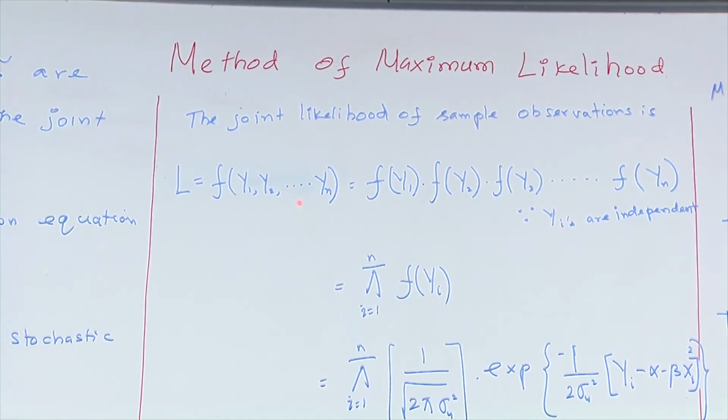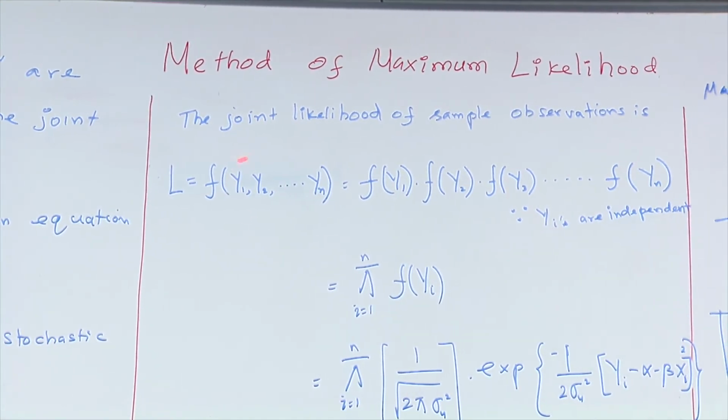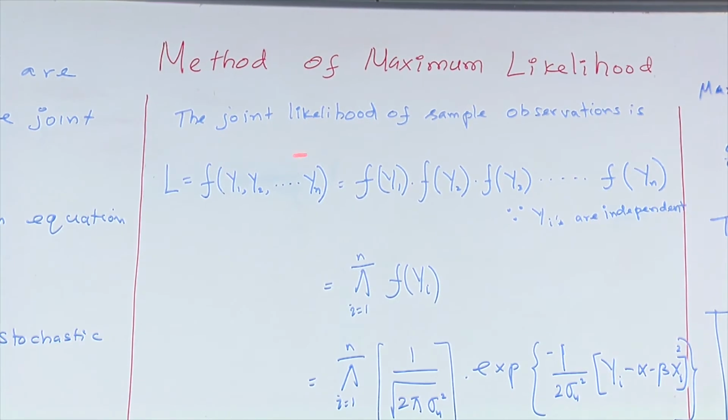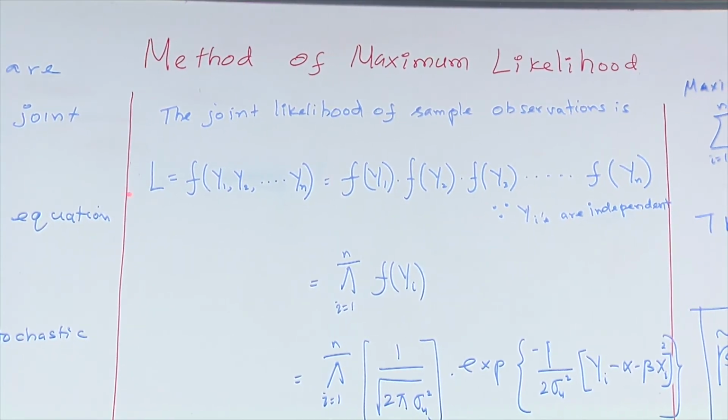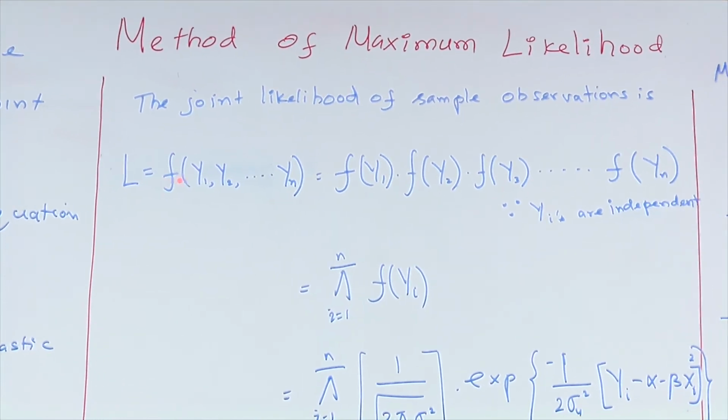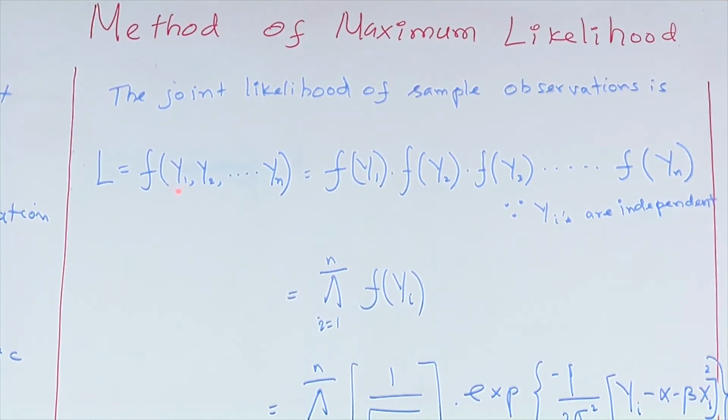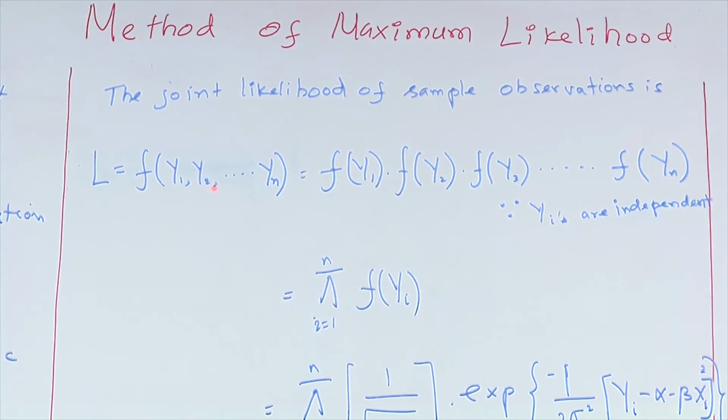For the given PDF, we may write the joint likelihood of sample observations as L is equal to f of y1, y2 etc. yn.